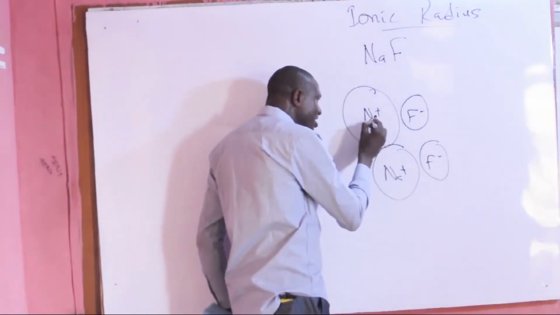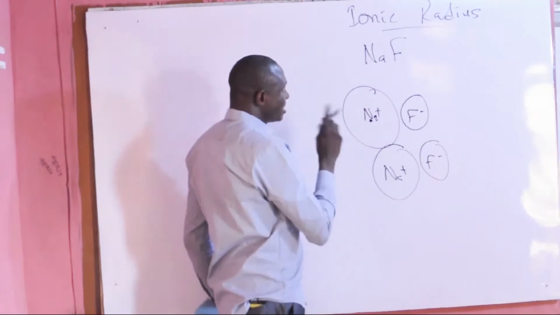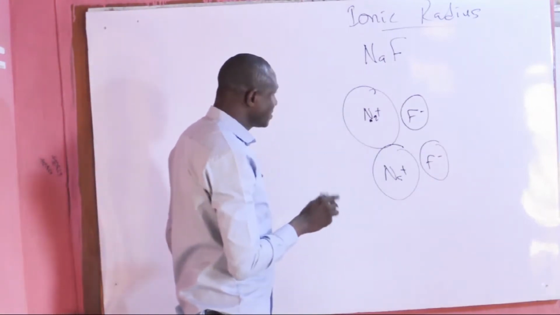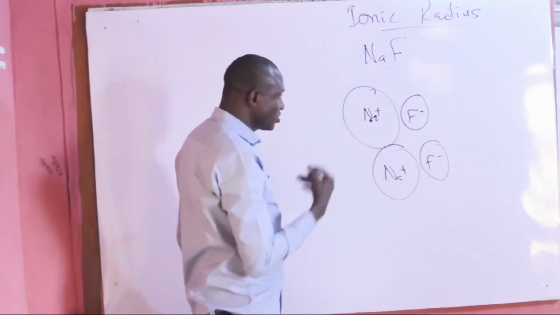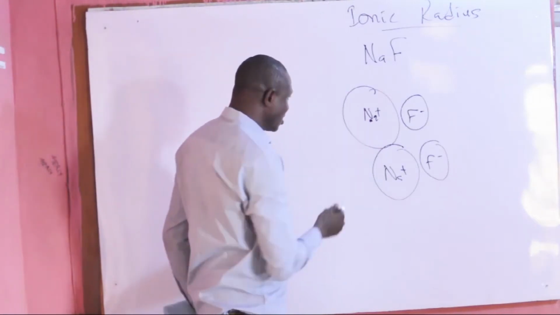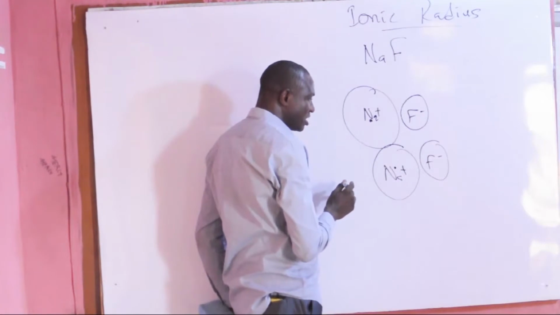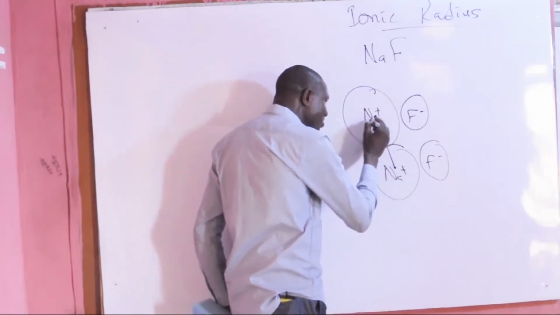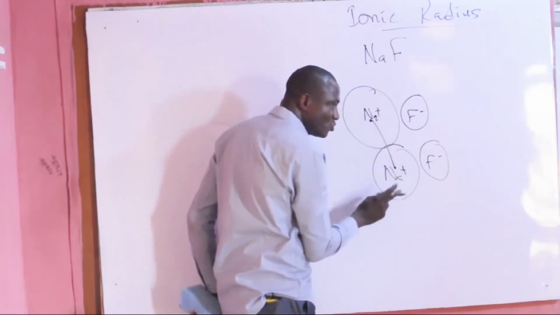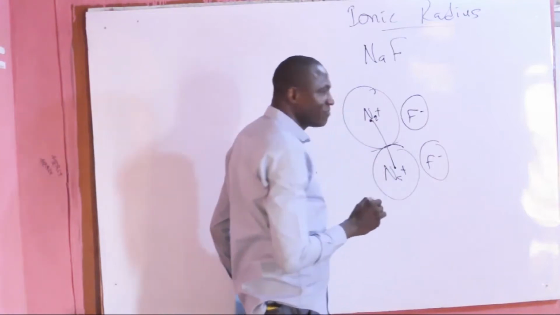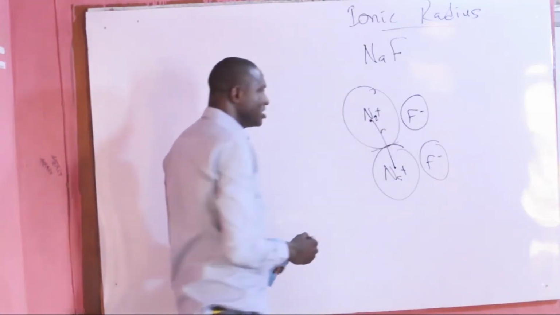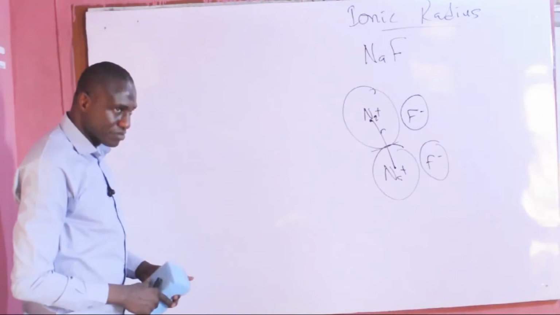So assuming this is the nucleus, if you want to measure the ionic radius of sodium, that means you have to look for an ionic salt of sodium, like sodium fluoride. If this is the nucleus of this ion of sodium, and this is the nucleus of this ion of sodium, if you measure the distance between the 2 nuclei and take the average of that value, you are going to have the radius of the ion.